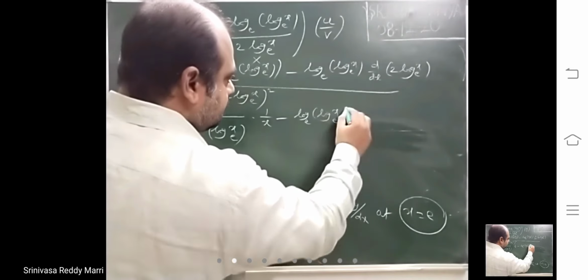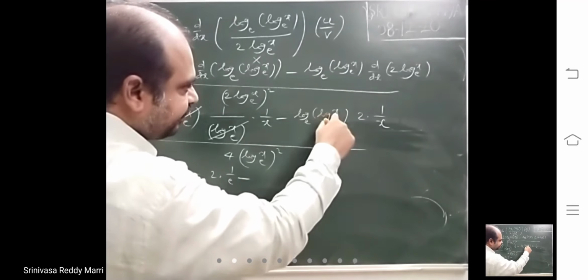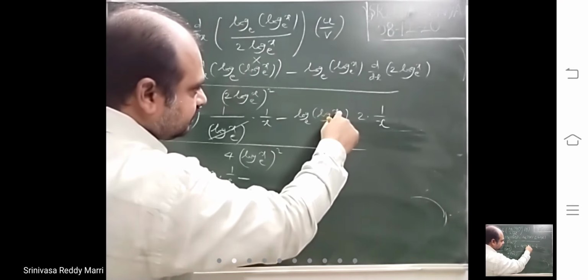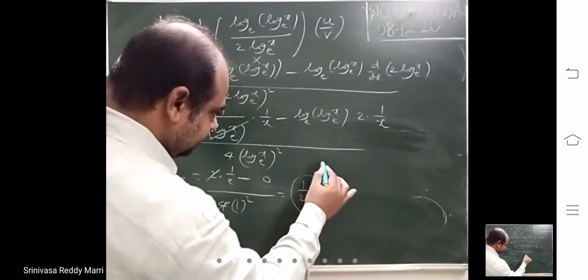You will get 2 into 1 by e minus. Look, log e to the base e is 1, so this becomes 1. Log 1 is 0, divided by 4 into log e to the base e, 1 square. That means what you will get? 2 ones, 2 twos. So the answer is 1 by 2.